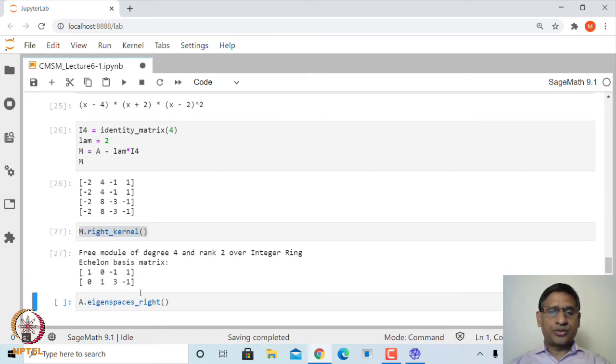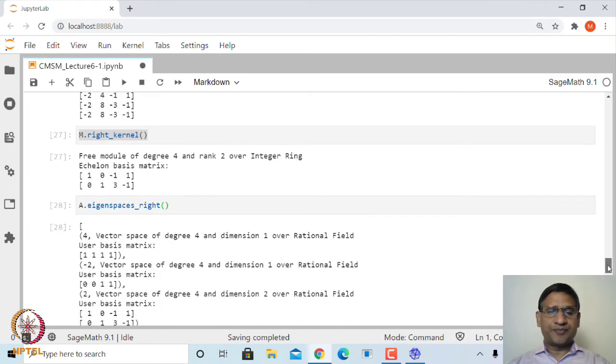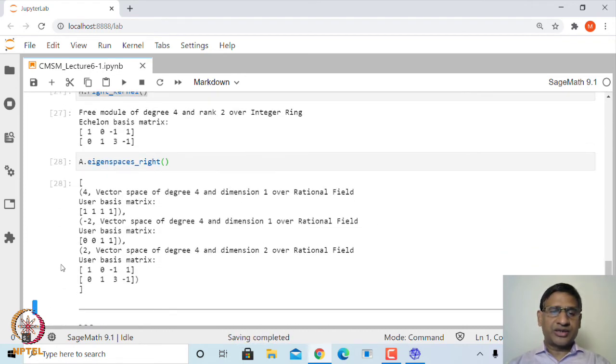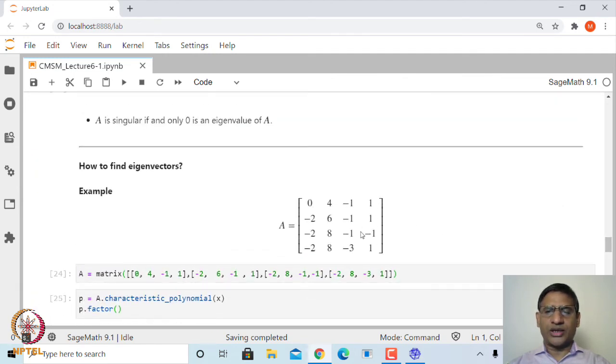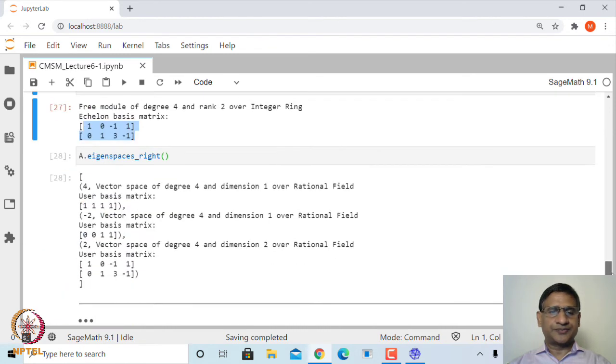If you look at the eigenspaces of A, you see that with respect to eigenvalue 2, the eigen basis is this, which is the same as the kernel of A minus lambda I. That is how you can find eigenvectors manually, by solving A minus lambda I times x equal to 0 for a non-zero vector x.